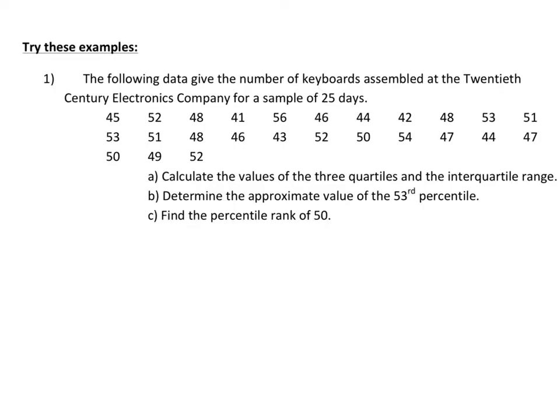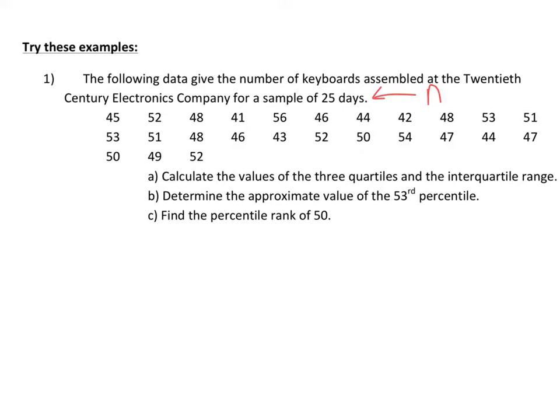So now I want you to try a problem on your own. Here you're given some data. It stands for the number of keyboards assembled at this electronics company. Here they gave you a sample for 25 days, so that's your n, which should be 25. And in letter A, they ask you to calculate the values for the 3 quartiles and the interquartile range.